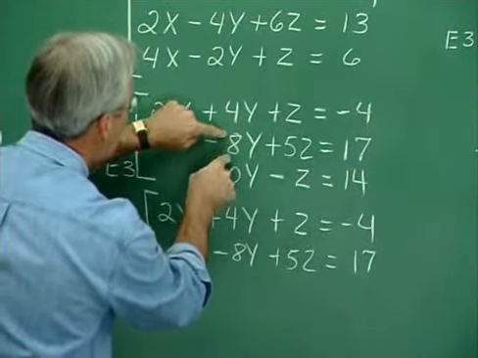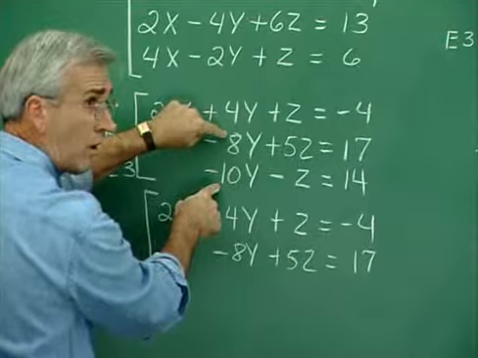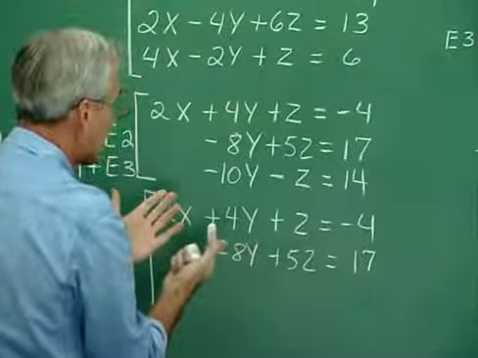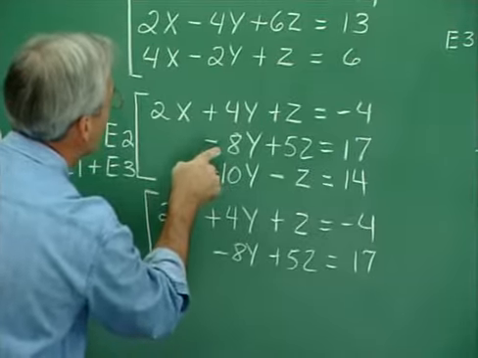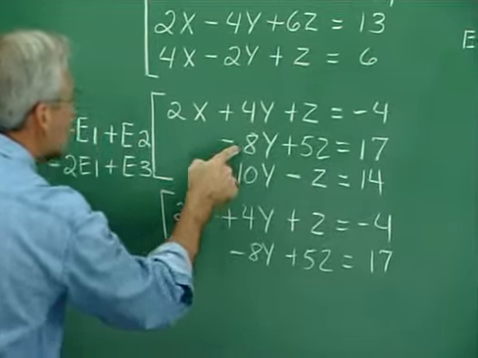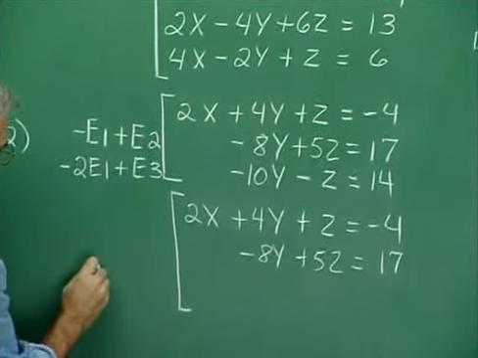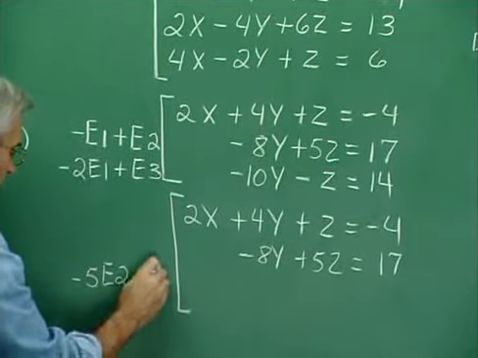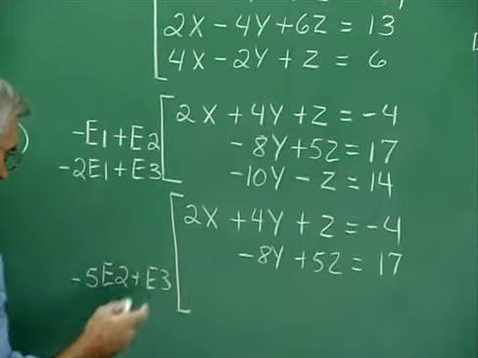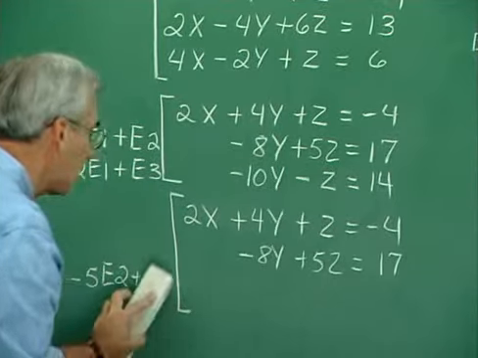I need to multiply here by 5 and here by 4, and I need to accomplish a sign change at the same time. So if I multiply here by 5, I'll make it negative 5. Negative 5 times equation 2 plus, wait a second, I have to multiply in equation 3.